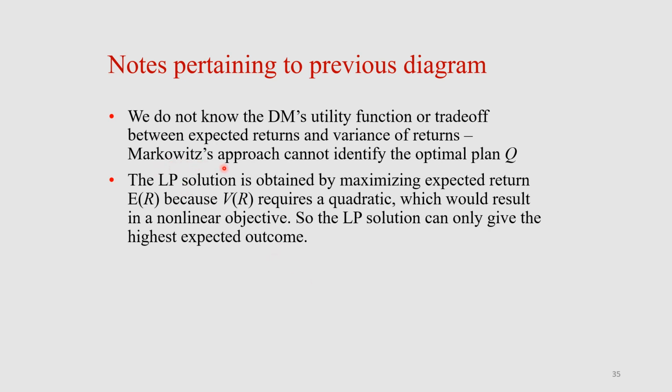The Markowitz approach cannot identify the optimal plan Q. The LP, linear programming solution, is obtained by maximizing expected return, here's your expected return, because variance requires a quadratic, which would result in a nonlinear objective. So the linear programming solution can only give the highest expected outcome.